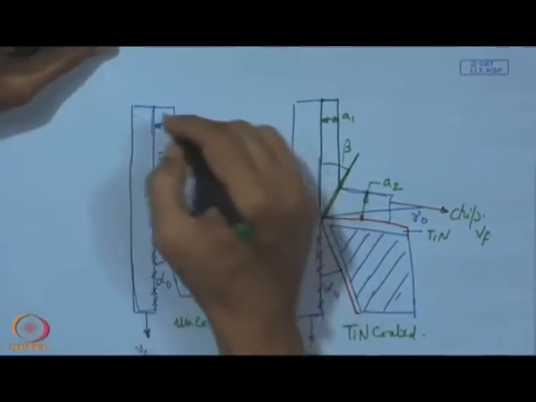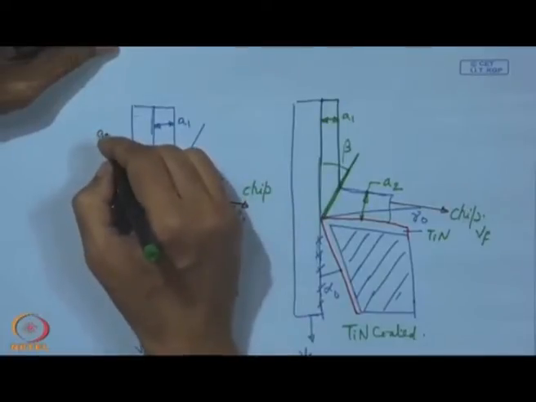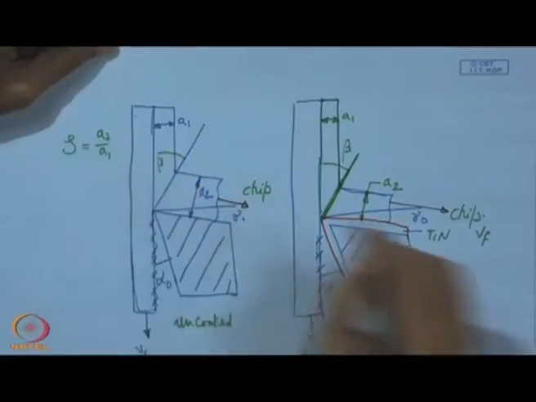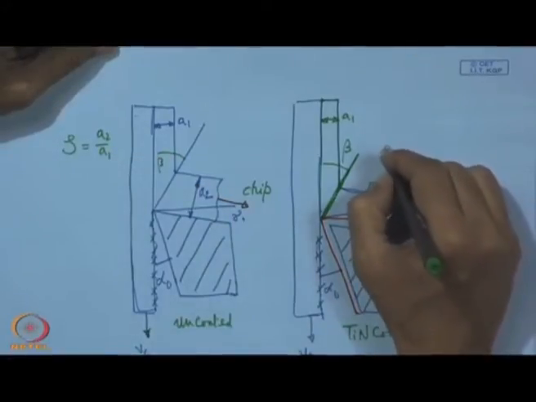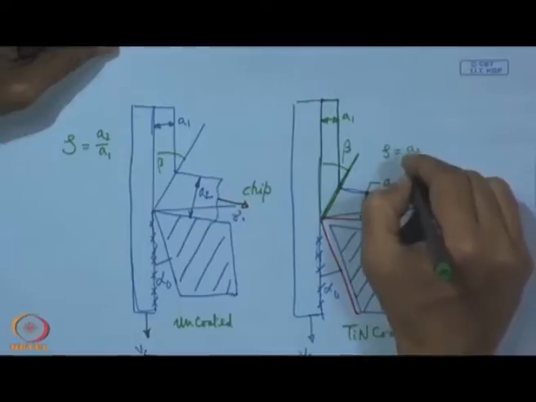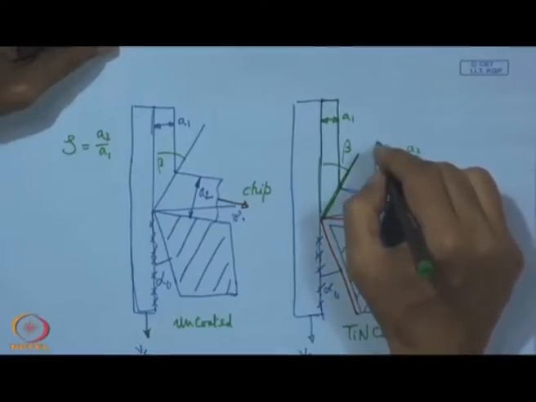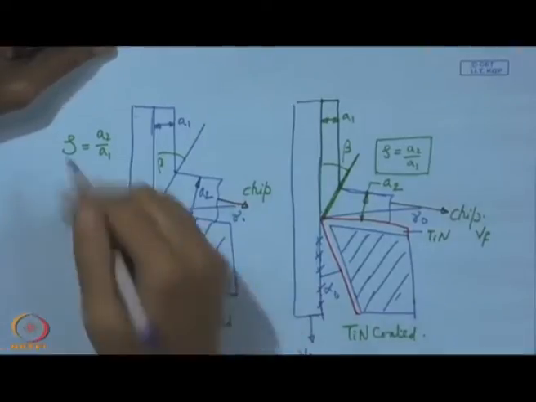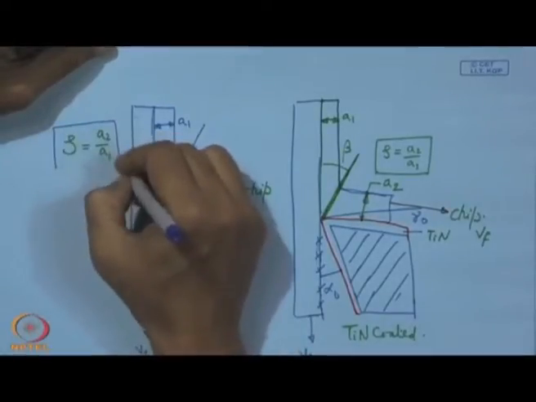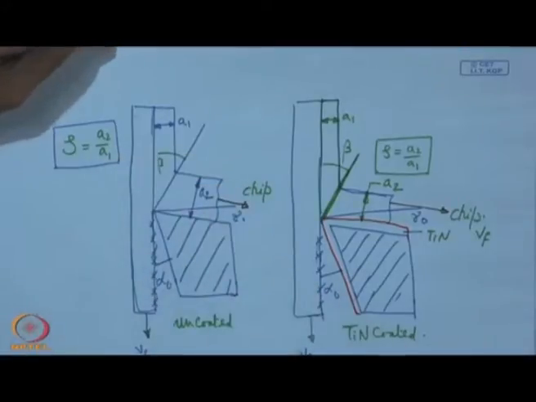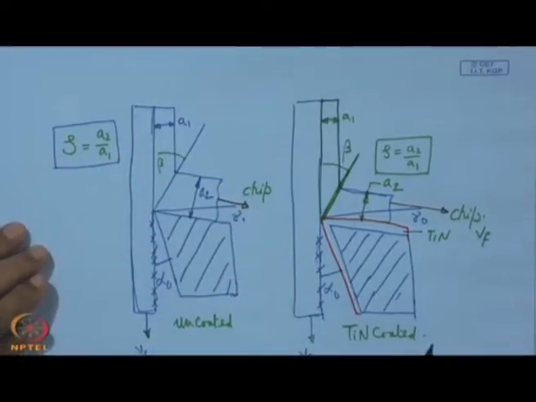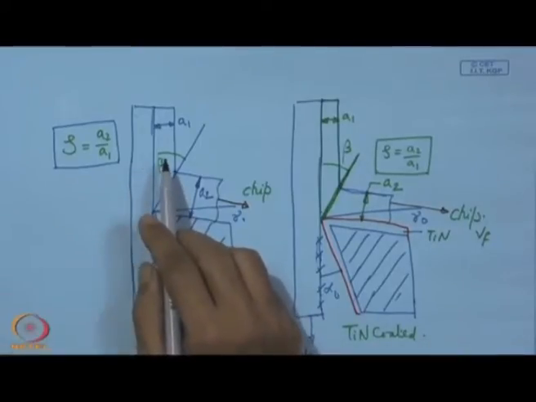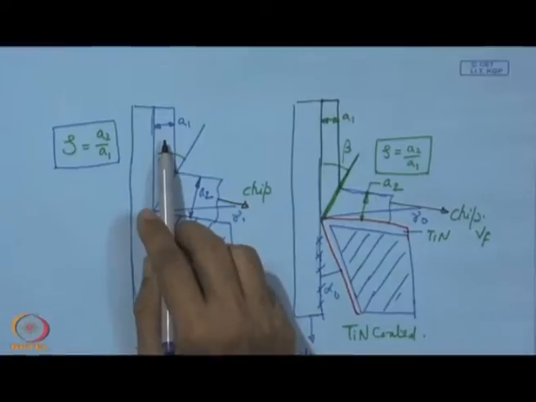That means, for this part we have A2 by A1 and that is also given by the symbol zeta, and here also we have zeta, that is also A2 by A1, only the difference is that this is for the coated tool and this is for the uncoated tool. So, here one has to find the difference, whether for the same chip thickness, that means this A1, is one of the parameters of material removal rate.